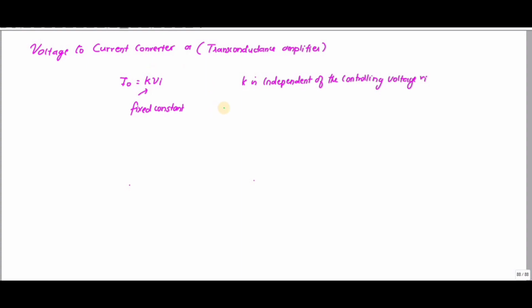Since it is a transconductance amplifier, I can write I0 is equal to GM into VA.